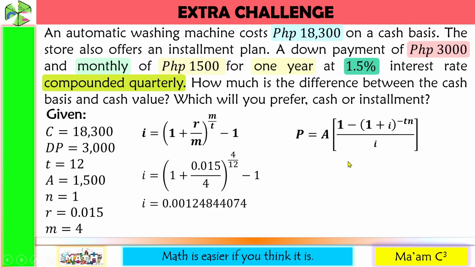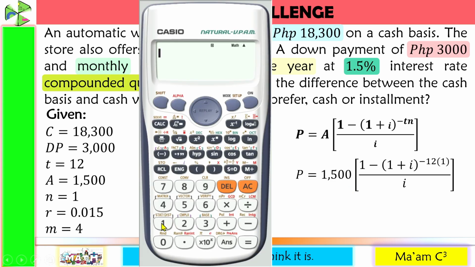Now let us solve for the present value. Let us substitute the values and input that in our calculator. We have 1,500, open parenthesis, fraction bar, 1 minus, open parenthesis, 1 plus. Our value of i is stored in letter A, so I'll just press alpha and then letter A here.